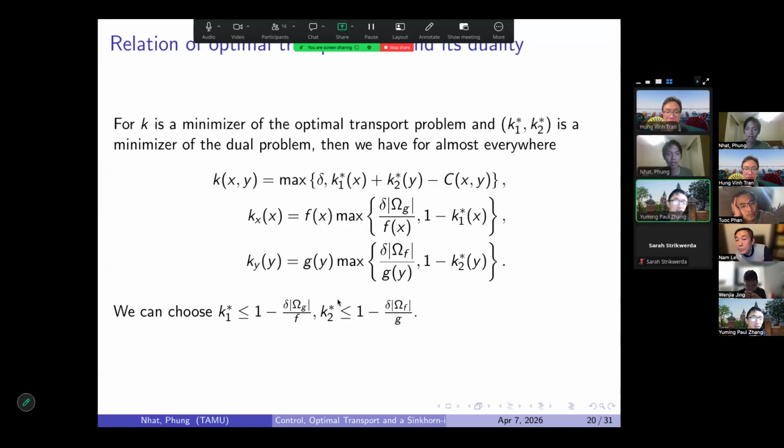There will exist some solution that is less than a certain number from F and G. Otherwise, they will just take the max here. So it's not unique in some sense, because if it is greater than a certain level, they kind of ignore it. Am I right?